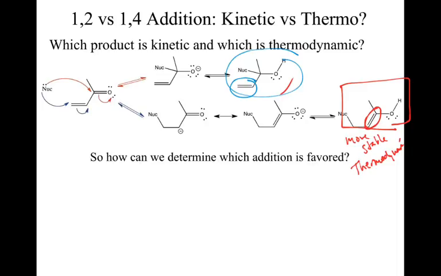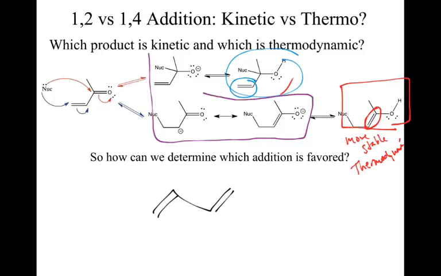And if we think back to the addition reactions that we did with the butene, we could look at the intermediate formed and say the intermediate formed allowed us to differentiate between kinetic and thermodynamic. So let's go back and look at the intermediates formed between these. Here are our intermediates.